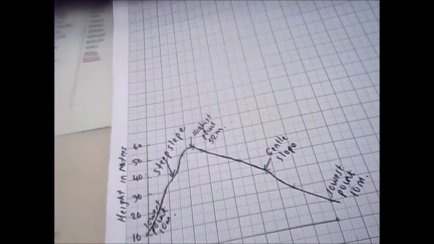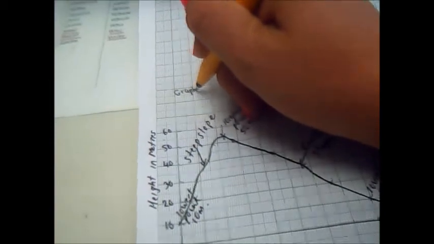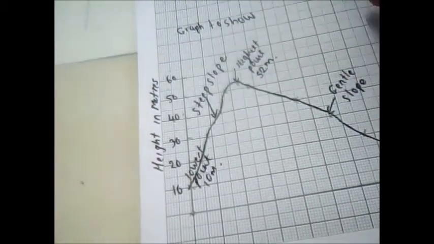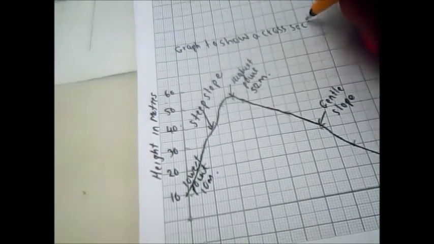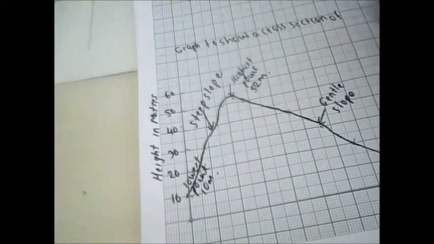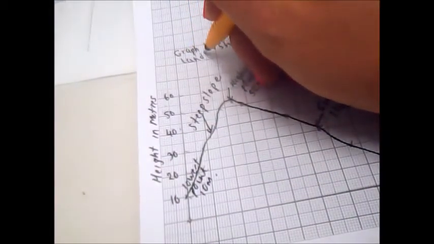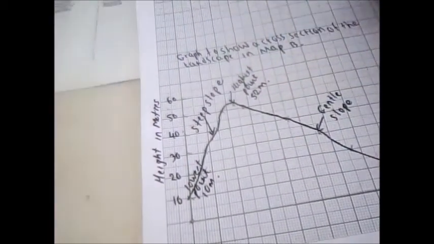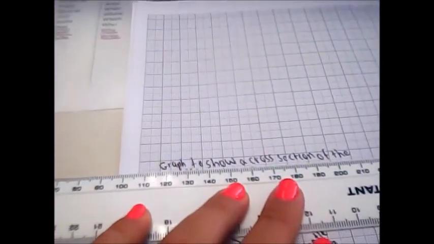Now last but not least, you should always add a title to a graph, so I'm going to call this graph to show a cross section of the landscape in map B. And then don't forget to underline your graph using a ruler.